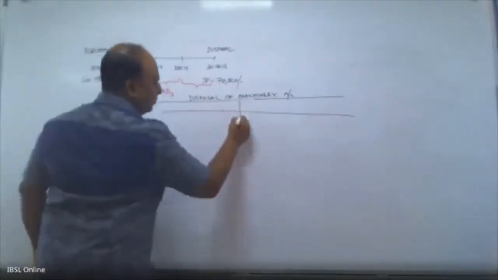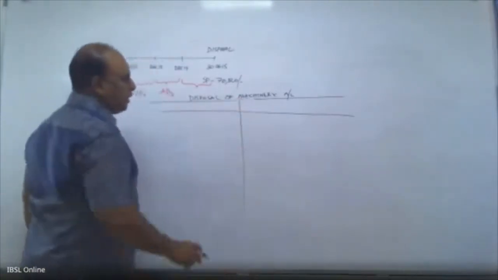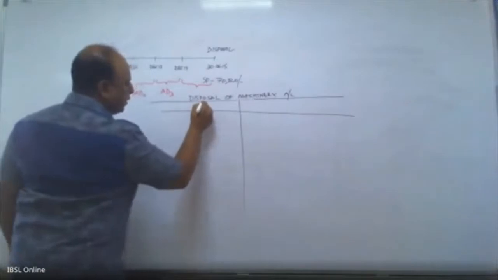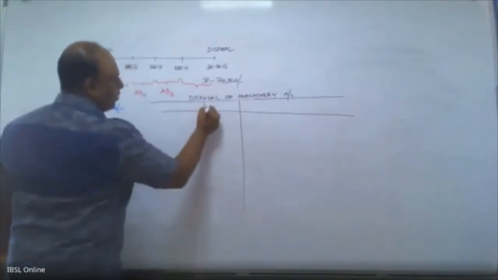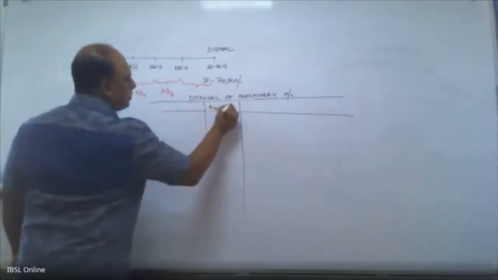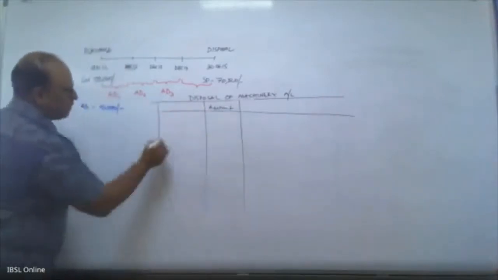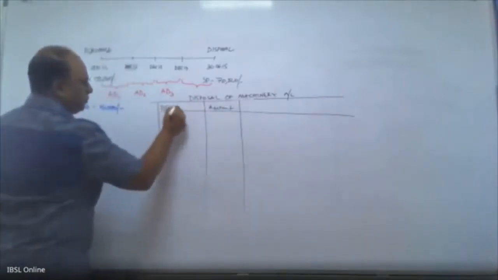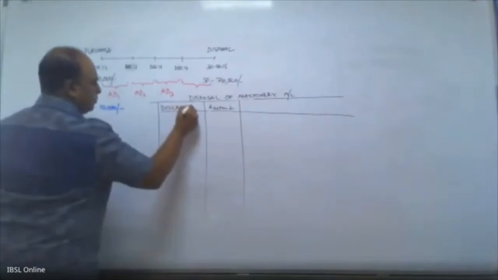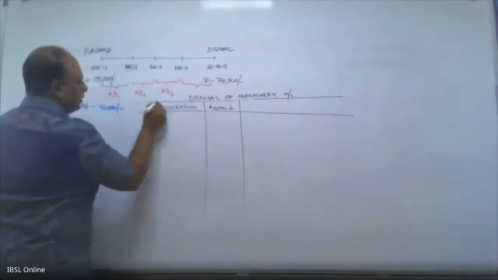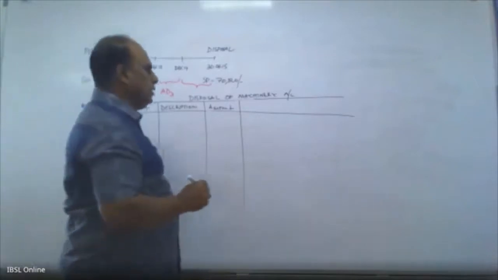Disposal of machinery account. The T account, I am going to go with the routine structure where you will have the amount, description, and the date. So I have shown you already the structure.